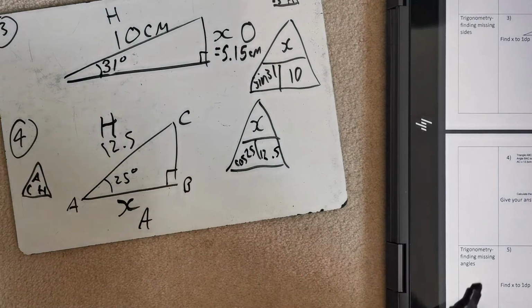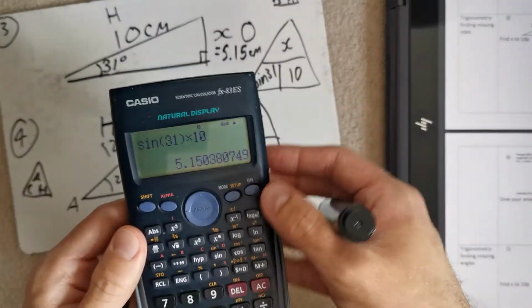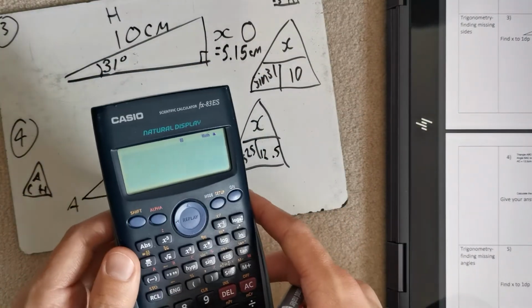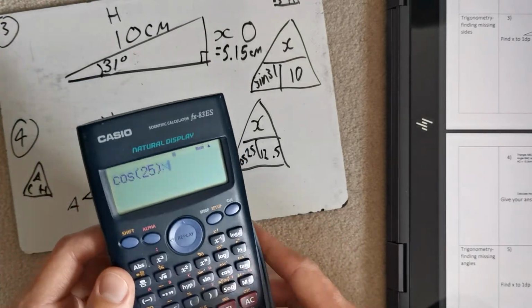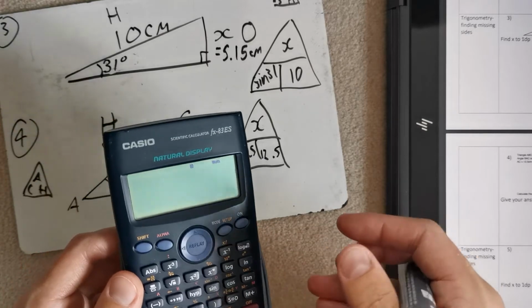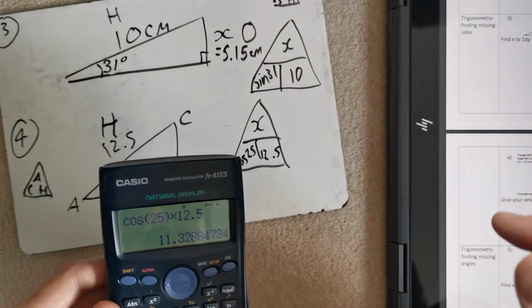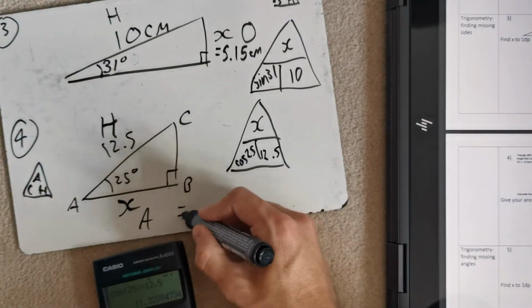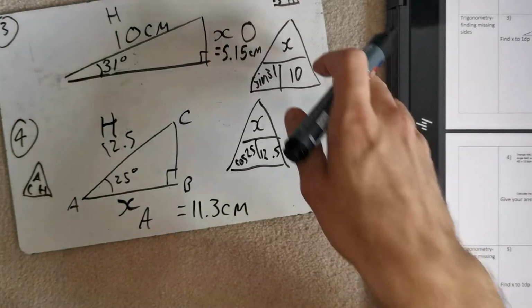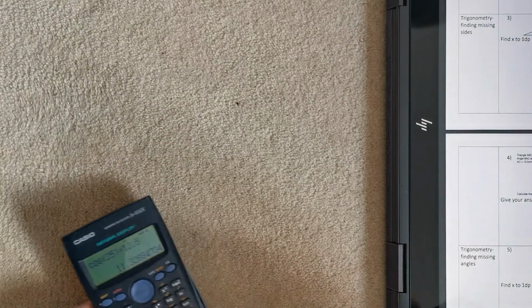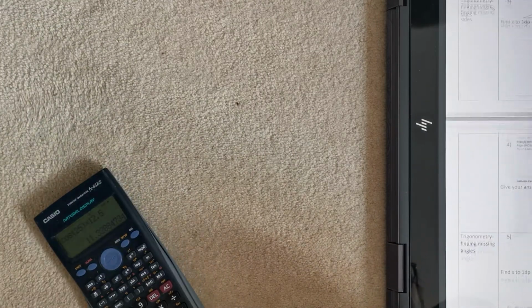So what you type into your calculator, cos 25, close bracket, times by 12.5, see how that comes out. That comes out as 11.3-ish, 11.3 centimetres.